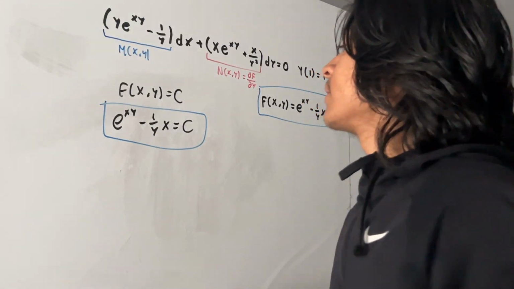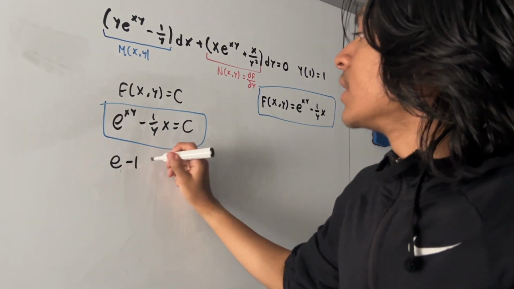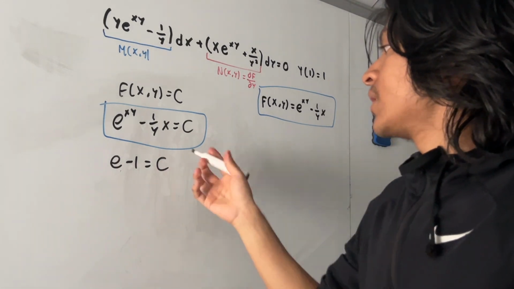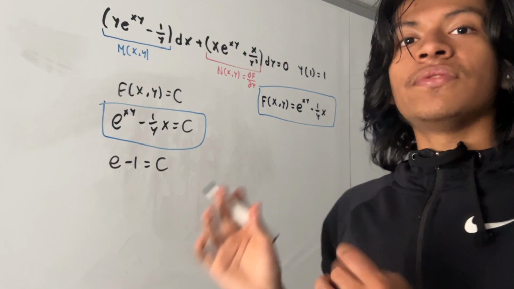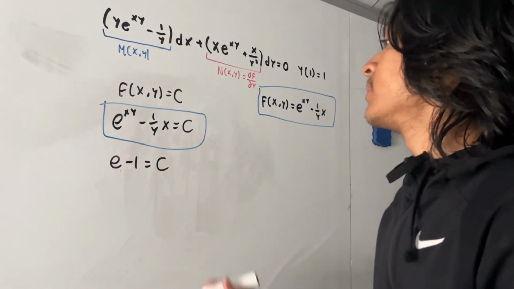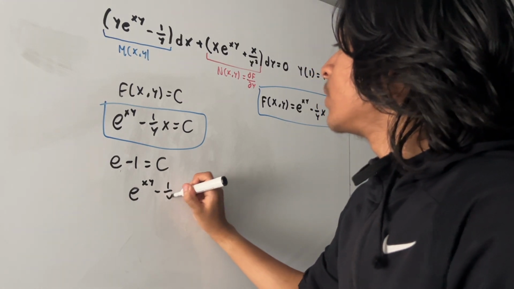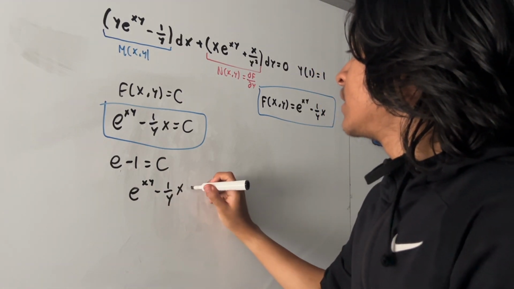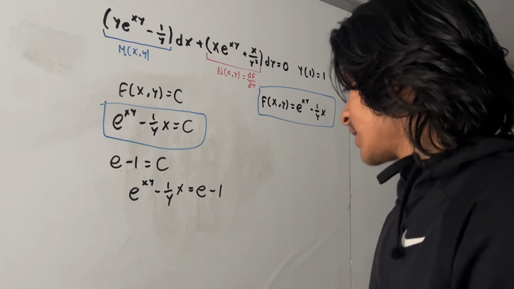So when we do that, we get e minus 1 is equal to c. So now the solution for this initial value problem is going to be e to the xy minus 1 over yx, and this is equal to e minus 1.